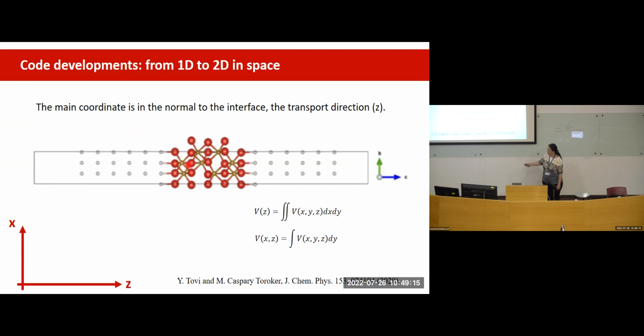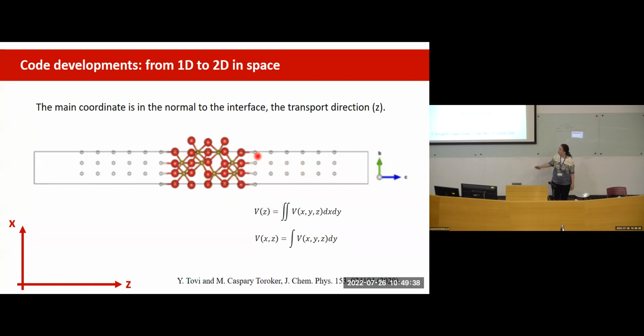The most important axis here is the direction normal to the interface. An electron that starts on the left needs to pass through the two materials. The important direction is this z-axis, the normal to the interface, where it needs to pass.